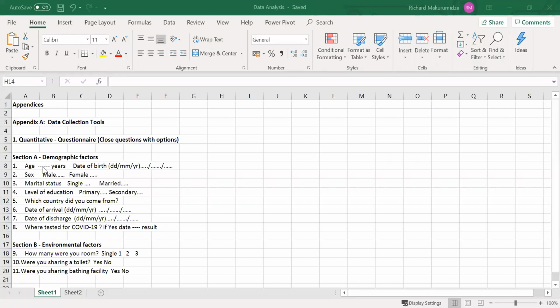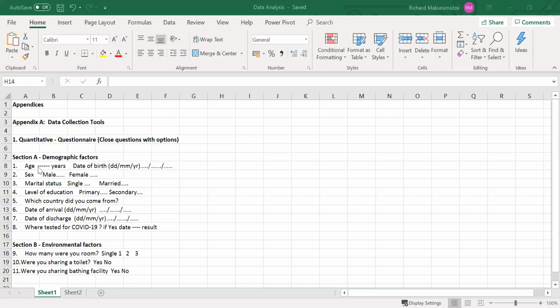So you ask their age, their sex, their marital status, level of education, all these things, based on the type of questions. But in this case, as I said, I just took the demographic and environmental factors.